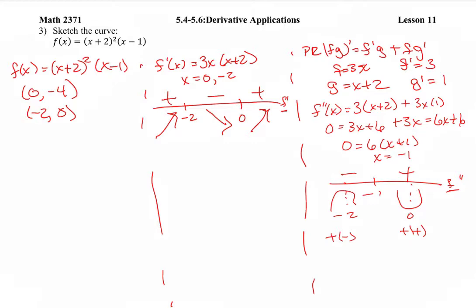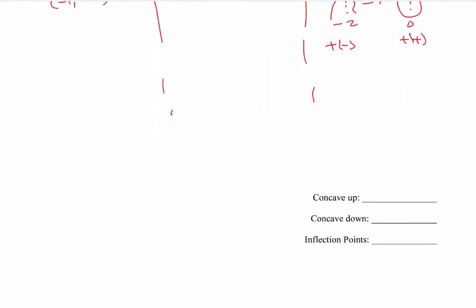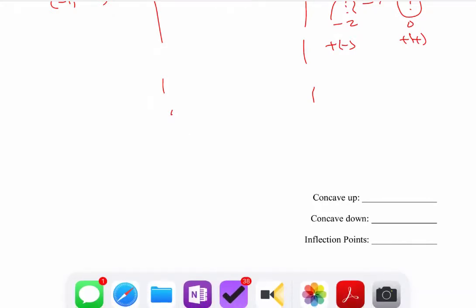So I need to find what f of negative 1 is. That's going to be 1 squared times negative 2. So f of negative 1 is negative 2. So that's the point negative 1, negative 2. All right? So I'm going to save this and scroll down, and I'm going to write my information.